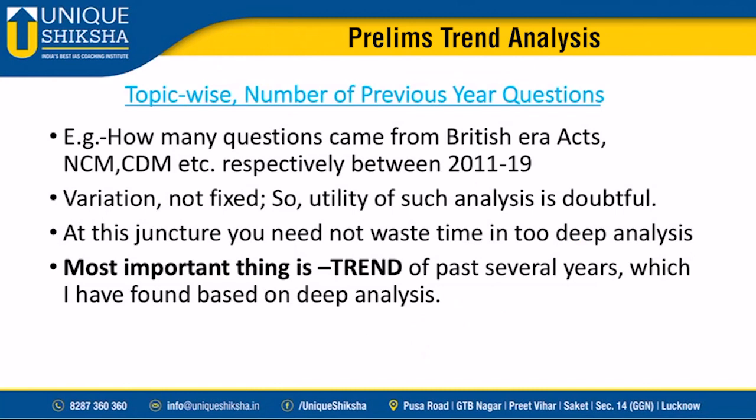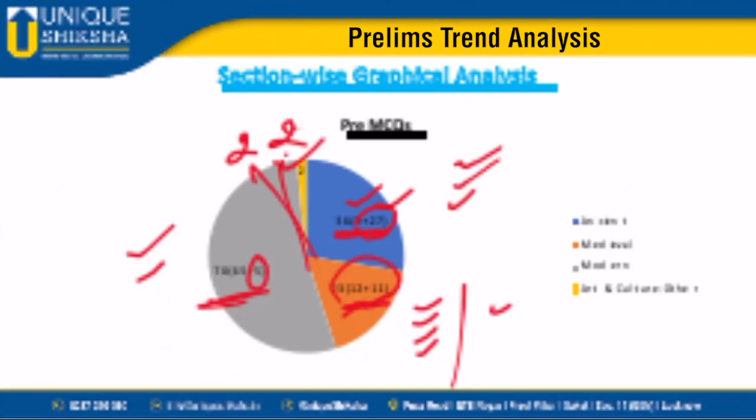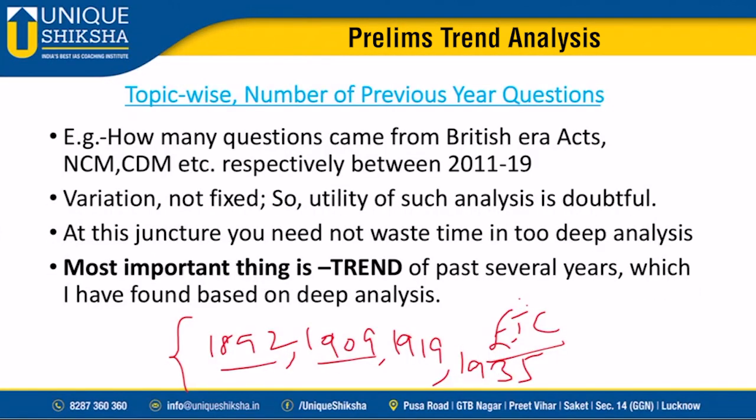How many questions came from, say, the British Acts, under the East India Company's time the regulatory acts, or under the British Crown, like the 1892 Act, 1909 Act, 1919 Act, 1935 Act. Such analysis is not useful. You need to know about the broad trend, but this is quite fluid, so you need not worry about this.